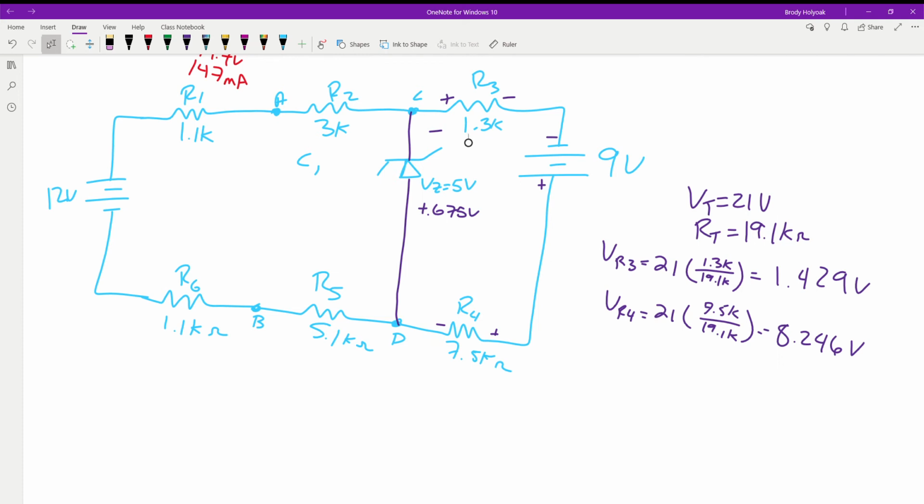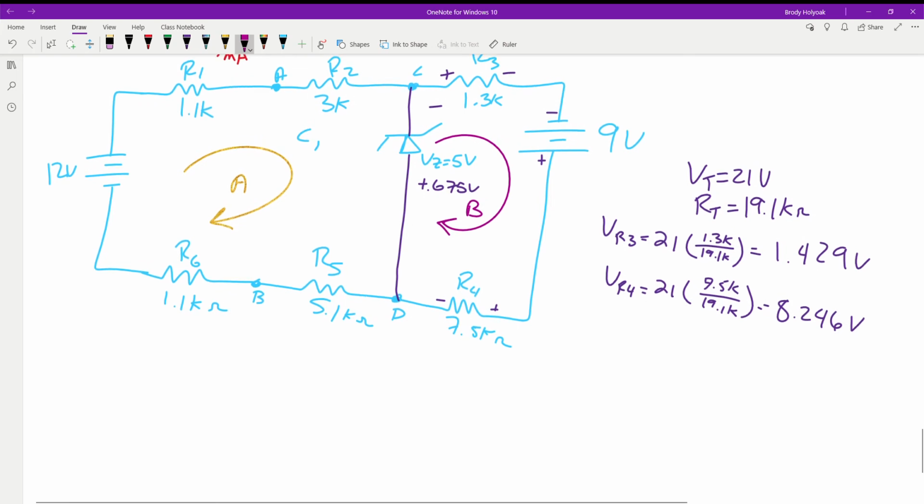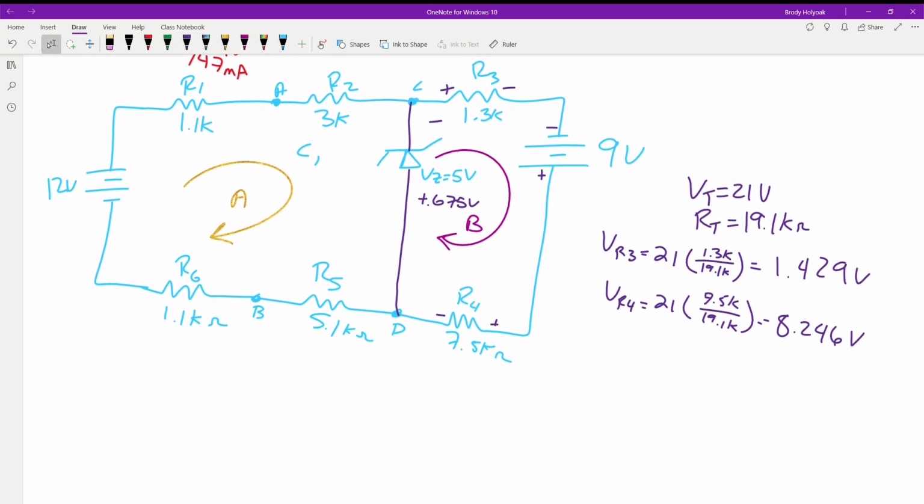So we look at our mesh loops. We have A, we have B. So we know this is forward bias, we know that voltage, now we need to find these currents so we can solve for the rest of the voltages across this diode.